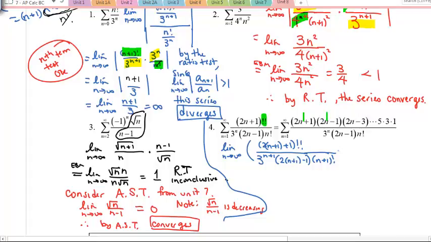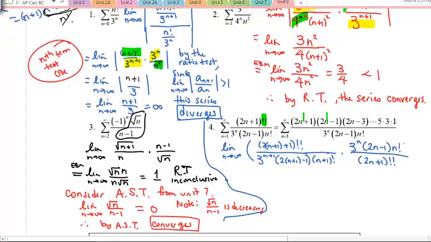We are dividing by the current term, which is the same as multiplying by its reciprocal, so I'll put 2n plus 1 double factorial on the bottom, 3 to the power of n on the top, 2n minus 1, and n factorial all in the numerator.